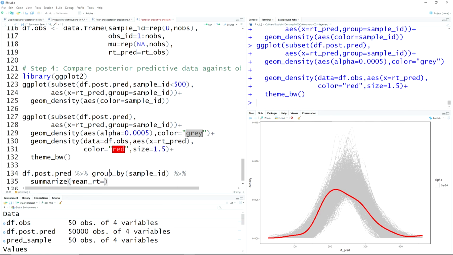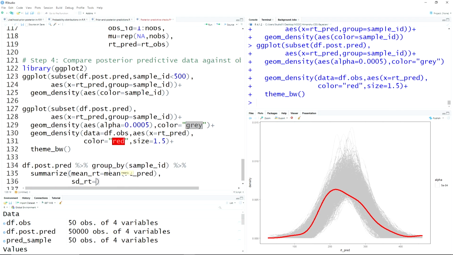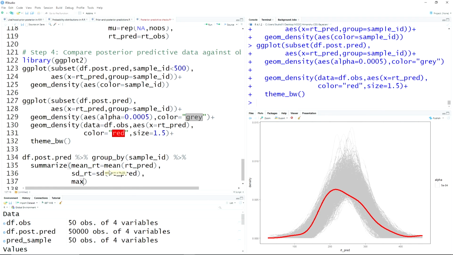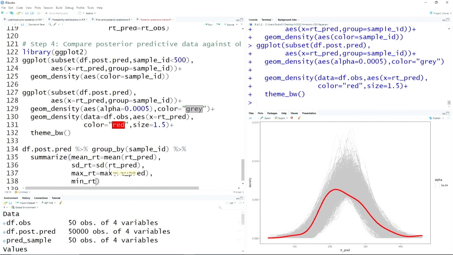So, mean RT predicted by the model is mean RT pred. SD RT predicted by the model is SD RT pred. Let's say we also do max and min. Max RT predicted by the model is max RT pred. Min RT predicted by the model is min RT pred. Okay, so I've generated these summaries corresponding to each sample ID.